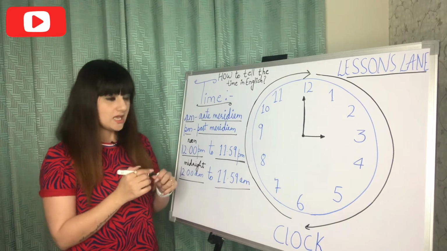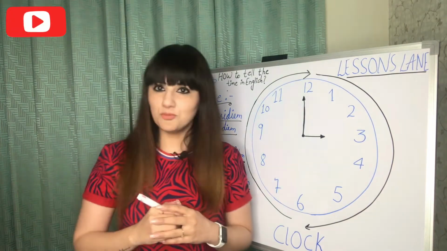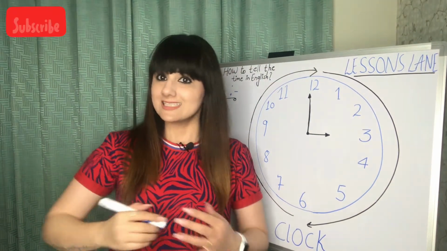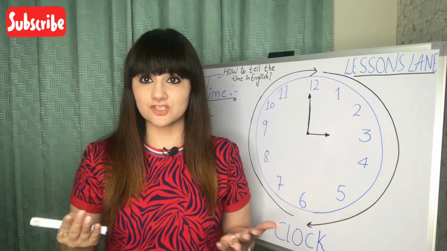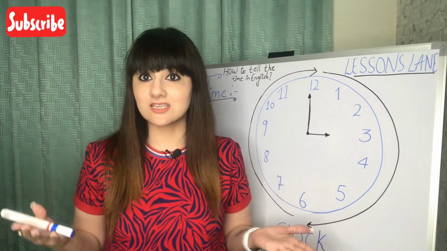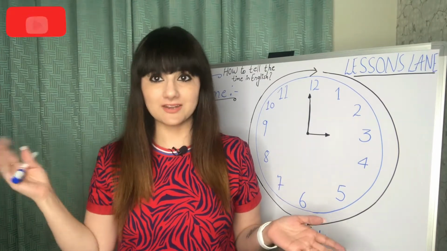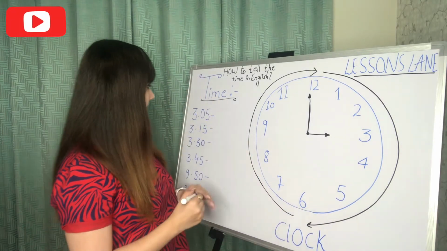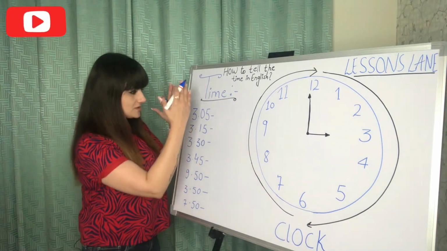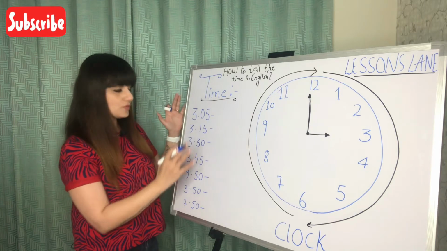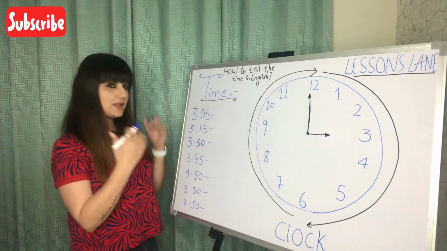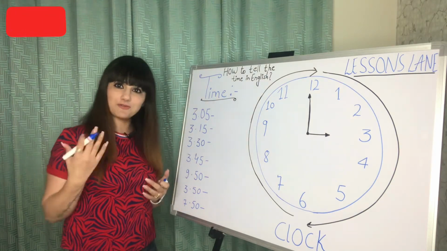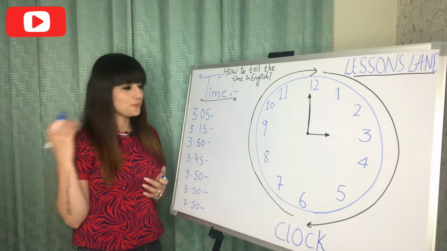All right, moving forward, now let's learn a few expressions for how we can tell the time in a different manner. Here I have mentioned a few times, and we need to figure out how we could say them in another way.